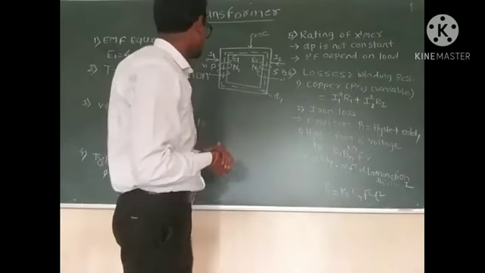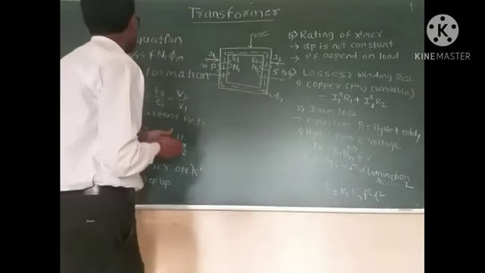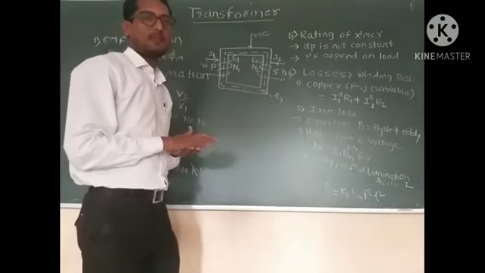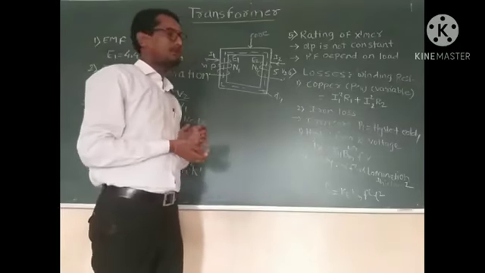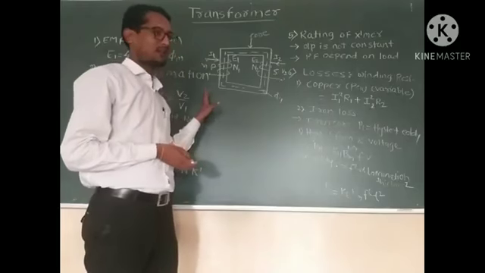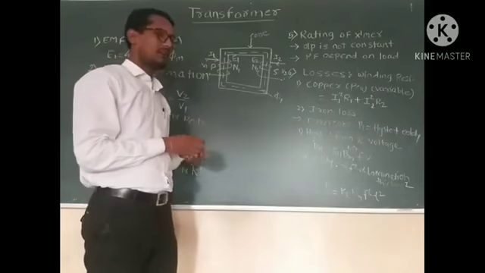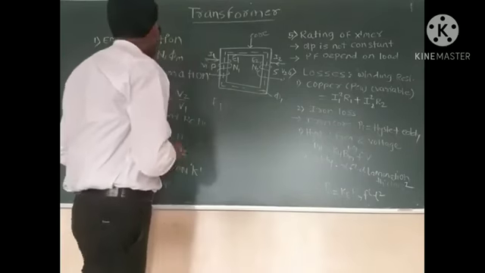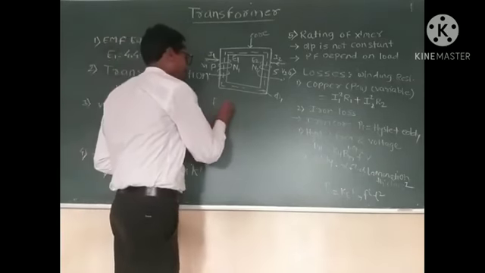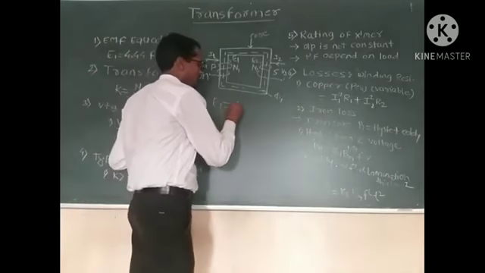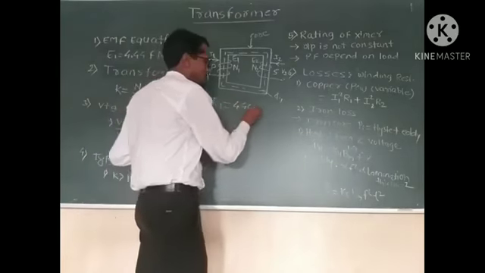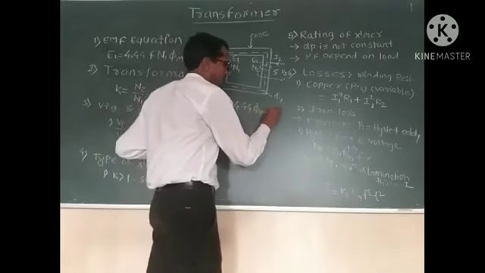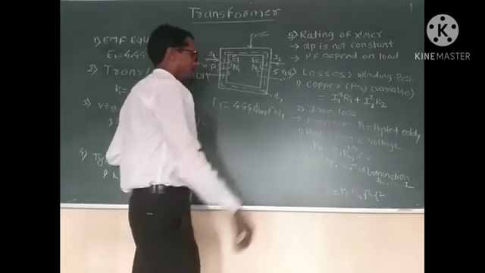Then, what is the EMF ratio? The EMF induced by the primary side, as per Faraday's law, is denoted by E1. The formula for the induced EMF E1 is 4.44 f phi m N1.